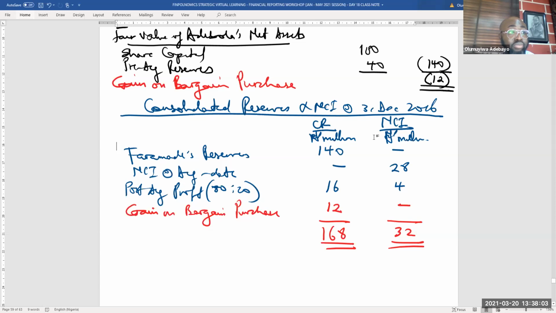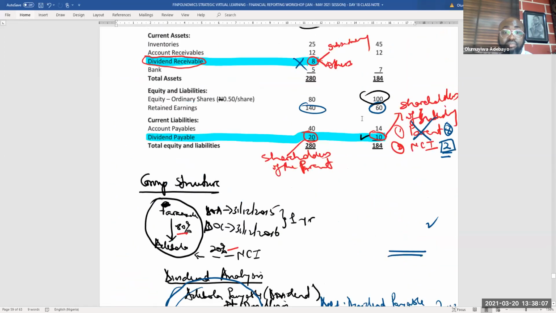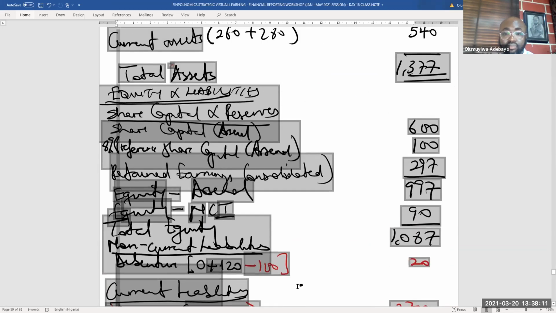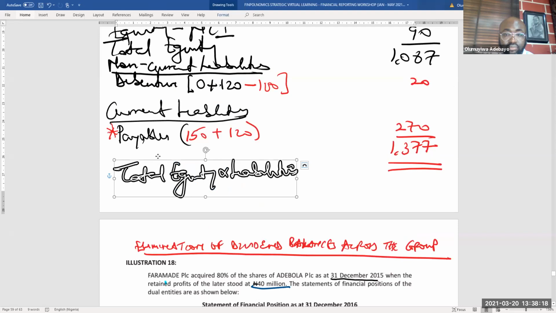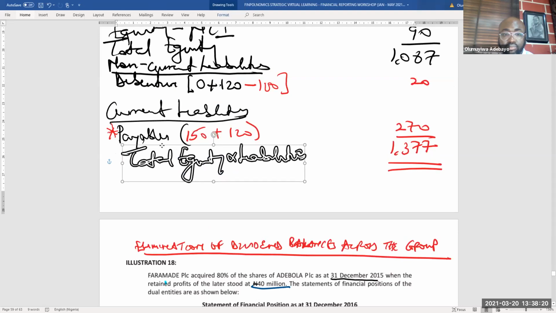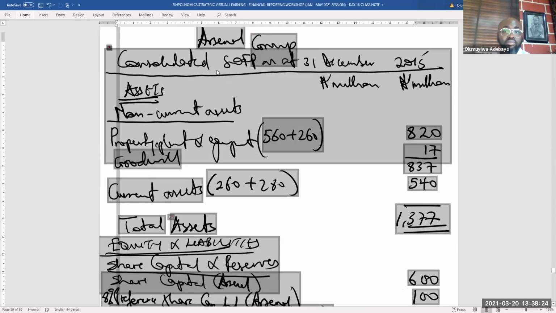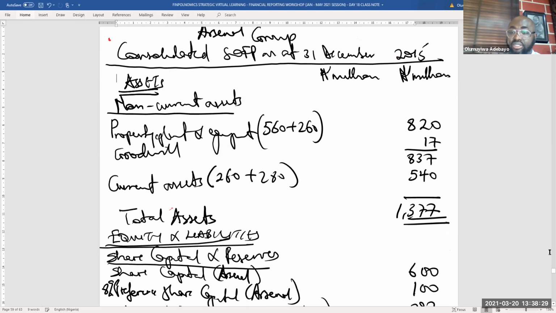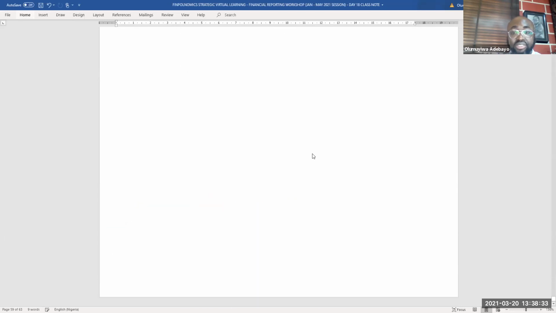I can go ahead to copy my balance sheets. Okay, this balance sheet looks totally different. Let me just do it afresh.